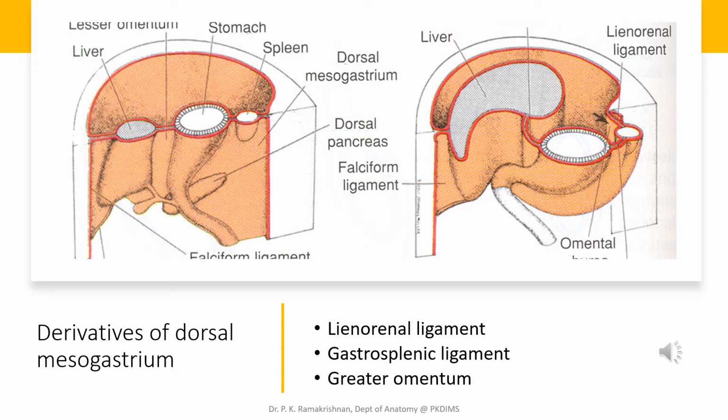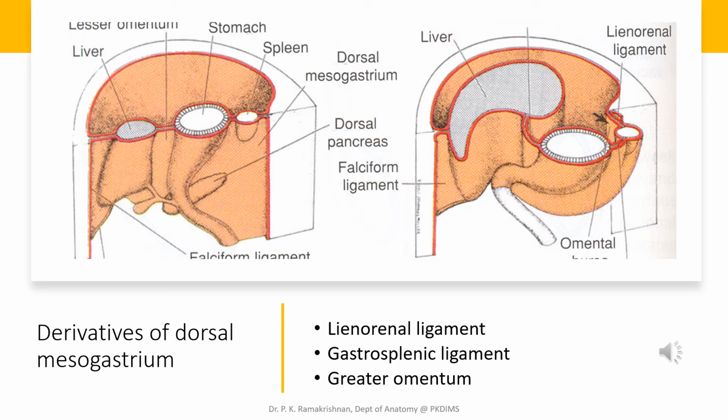With continued rotation of the stomach, this dorsal mesogastrium lengthens, and the portion between the spleen and the dorsal midline sinks to the left and becomes attached to the peritoneum of the posterior abdominal wall by a layer of fascia.